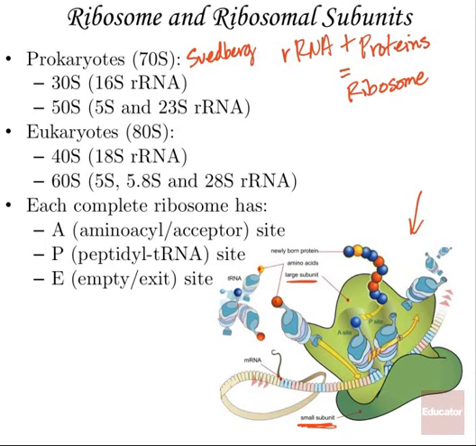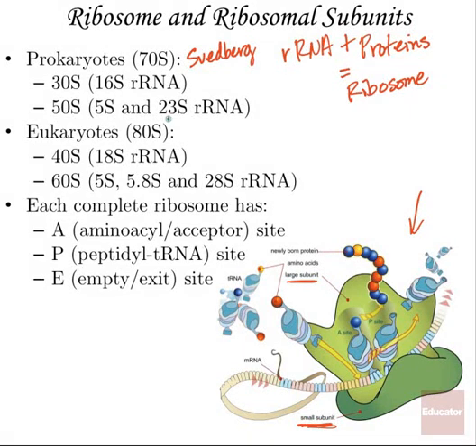All right, and so in our prokaryotes, the rRNA that is included in the 30S, or the small subunit, is our 16S rRNA, as well as several proteins. And then our 50S contains the 5S and 23S rRNA, as well as our protein subunits.